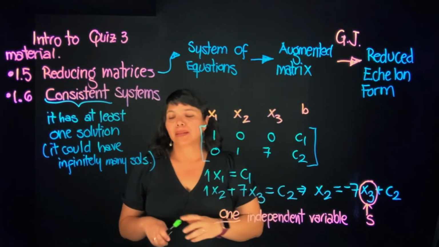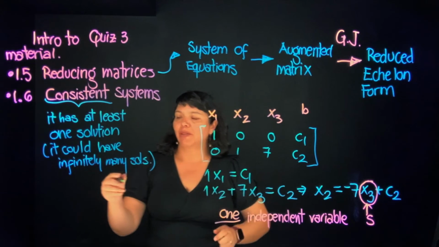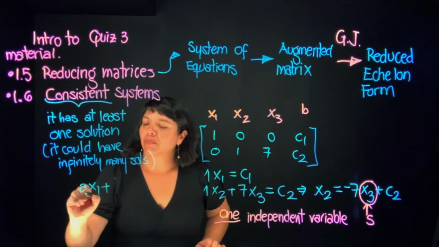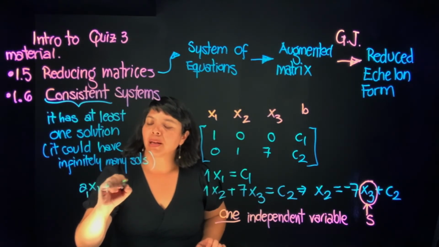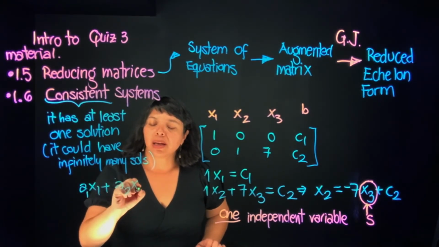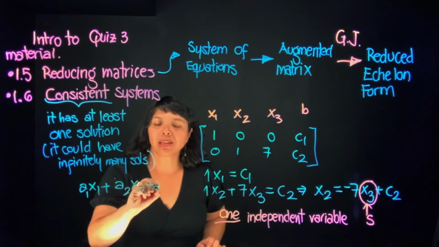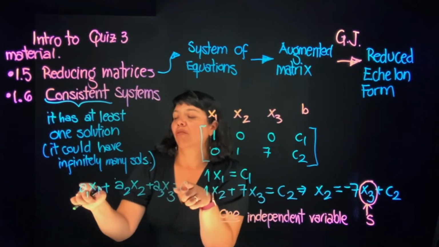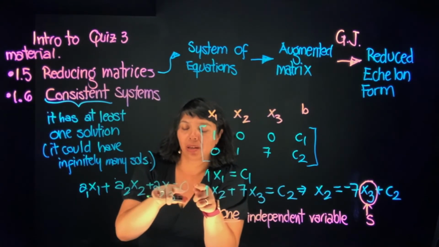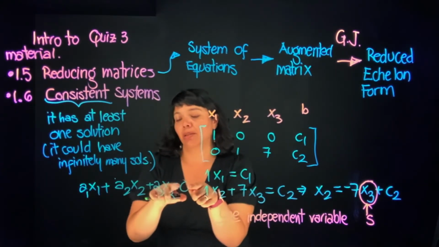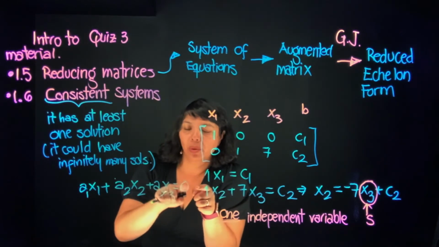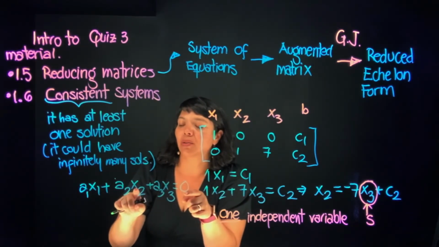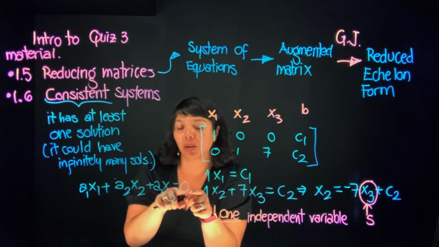And what happens is, every time that you have a system of equations, say a1 x1 plus a2 x2 plus a3 x3 equals 0, for any homogeneous system of equations, with zeros here, you always have the solution that is making x1 equal to x2 equal to x3 equal to 0.